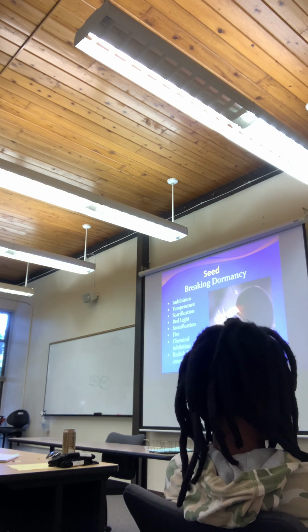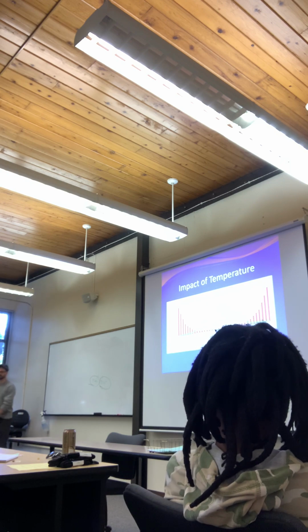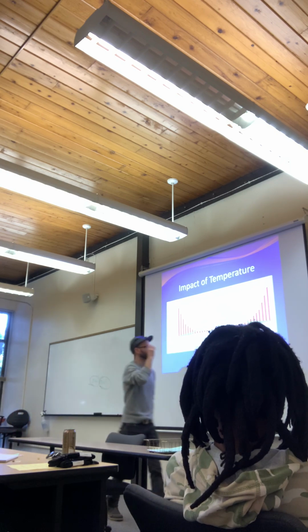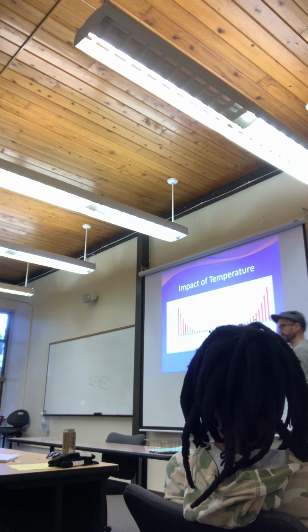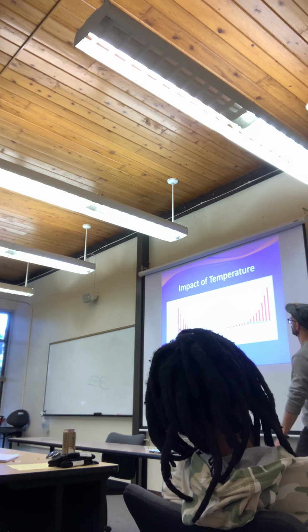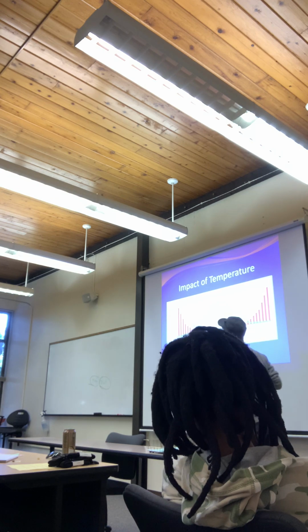Once dormancy is broken, there's a variety of factors that impact things. And once dormancy is broken, now we've germinated. For the germinated seedling, I just wanted to show the importance of temperature. Beyond that stratification that might say now dormancy is broken and you can grow, when you're actually growing as a seedling, there's a range of temps.